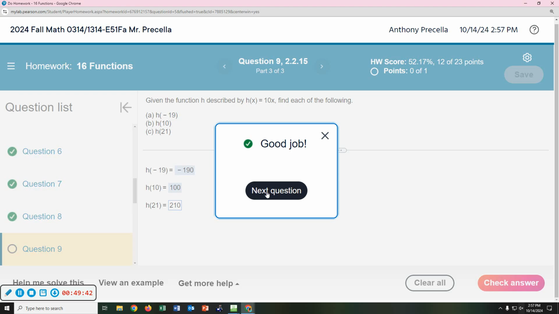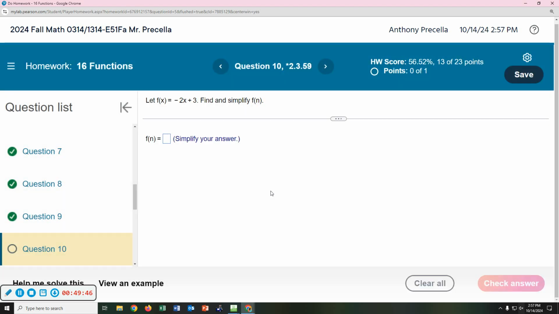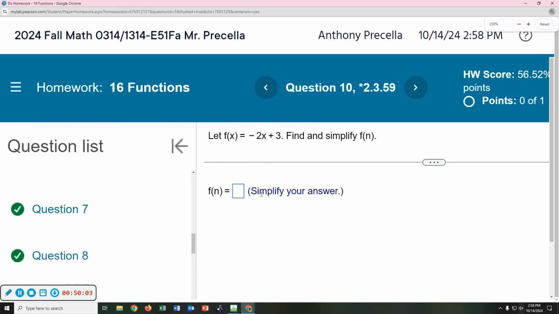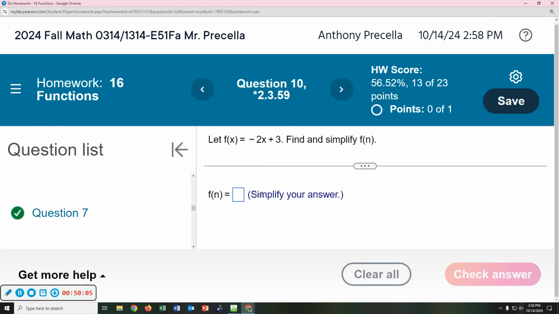Number 10. If you understand this, we can just type the answer in. If you understand what I've said so far. Make it a little bit bigger. What's the answer? What are we going to type in there? Negative 2n plus 3.